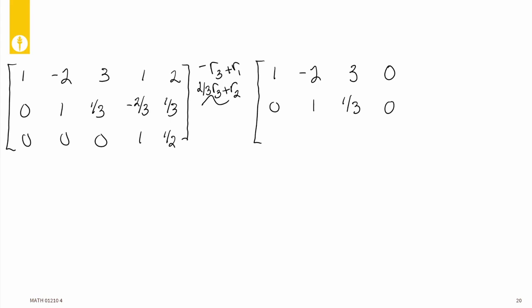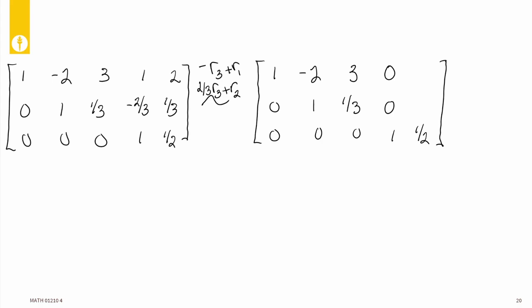First 4 entries of row 2. And then row 3 is unchanged. All right, so the only thing to do is find the entries for rows 1 and 2 in column 5.